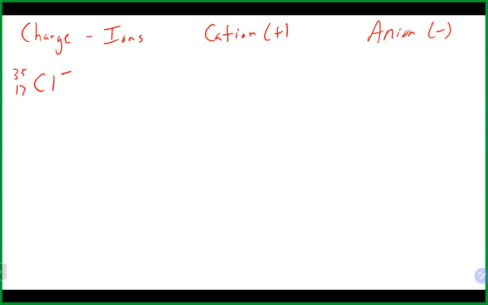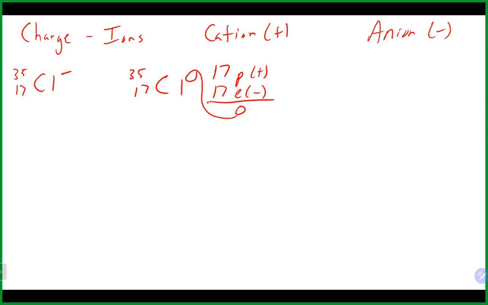So if we had this versus the neutral version of it, in our neutral version we would have 17 protons. We would also have 17 electrons to balance it out to a 0 charge.